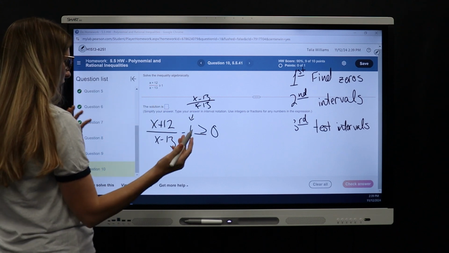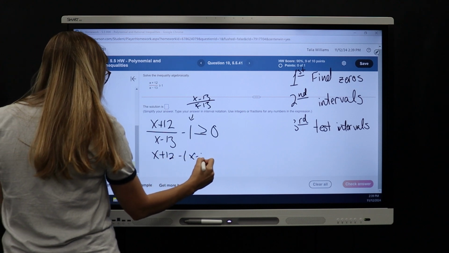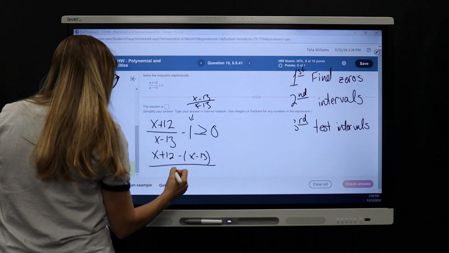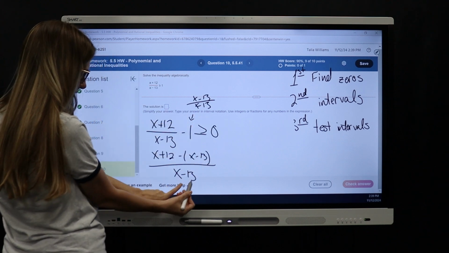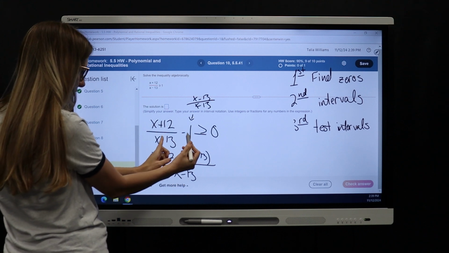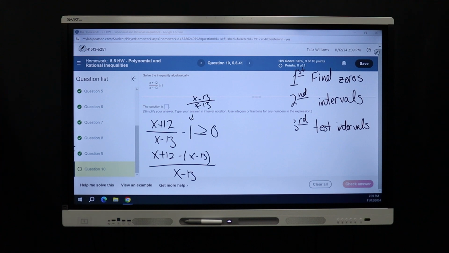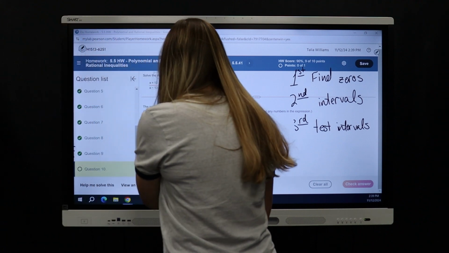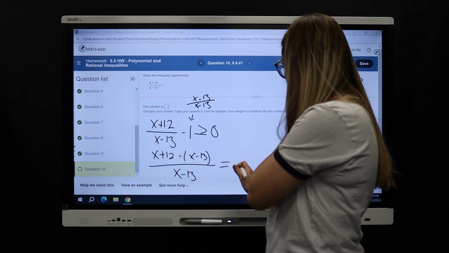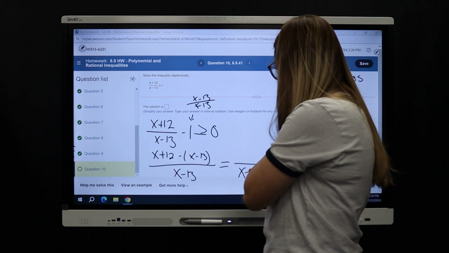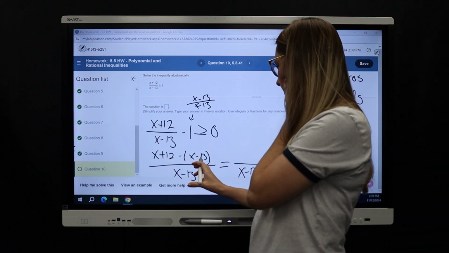So what that looks like when I rewrite this, all of it's going to be over that common denominator now, because I changed my 1 to x minus 13 over x minus 13. So now they both have the same denominator, and I can combine my like terms on the top. So that's going to be x subtract x, which means there's no x on top, and then 12 subtract a negative 13.